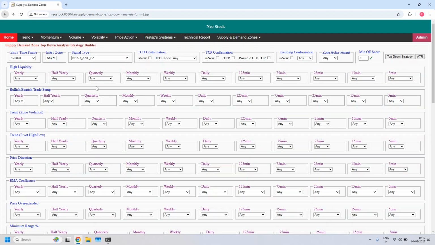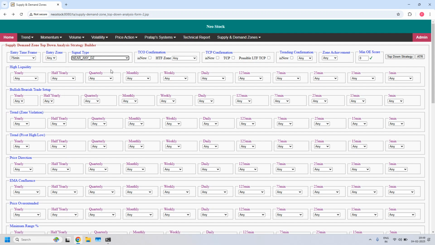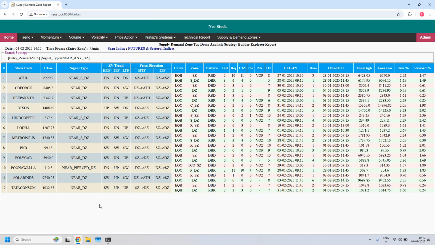Okay, next time frame is 75 minutes time frame. Entry time frame 75 minutes. Let us find the stocks near 75 minutes demand zone. We got 12 stocks. Let us identify high liquidity zones from this list. Atul is having a 75 minutes high liquidity demand zone.